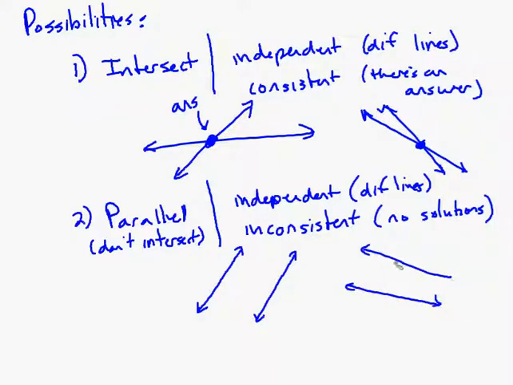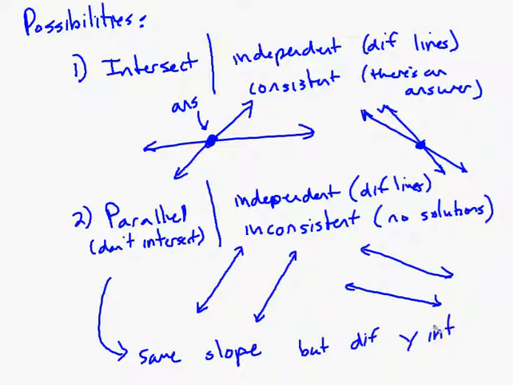Now, if at any point you're solving this and you notice parallel lines have the same slope, right? So if at any point you get the same slope but different y-intercepts, you know that you're not going to have a solution. So we're actually going to practice a couple of those where we're just going to determine what our situation is.